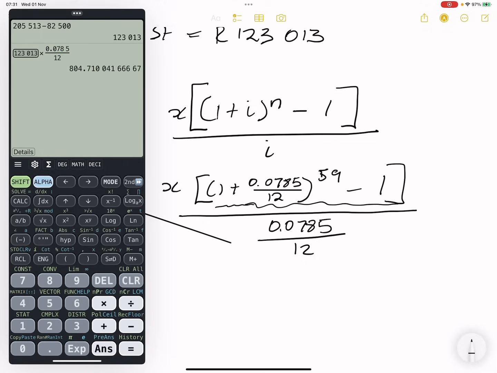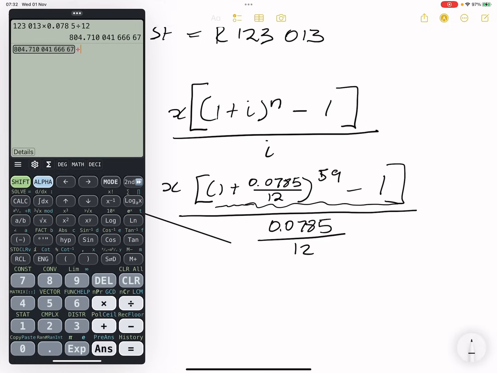I've just ruined it, I don't know what I just did there. So 123,013 multiplied by 0.0785, divided by 12. There's our answer there.